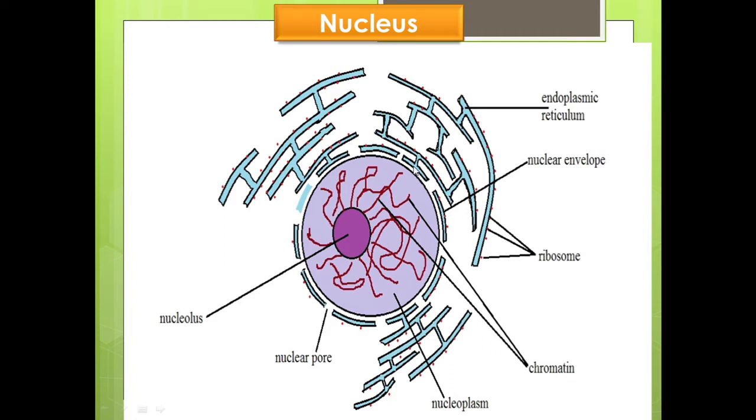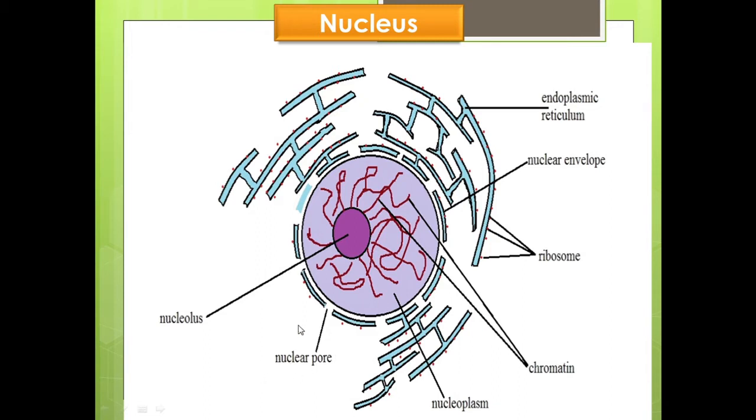The outer membrane is continuous with endoplasmic reticulum which has ribosomes, so this is the rough endoplasmic reticulum. This nuclear envelope has pores in between, and these pores are known as nuclear pores.